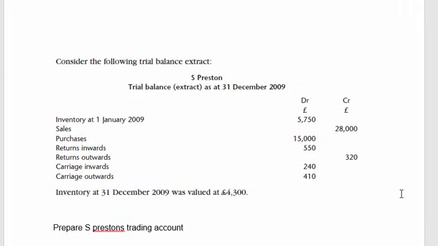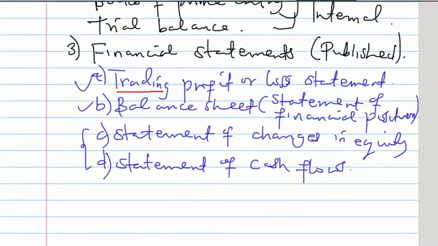I extracted this from Frankwood, and it's a trial balance for a company known as S. Preston, and it's an extract, so it doesn't show all the transactions, but it will show all the transactions that are relevant to what we are talking about right now. The question says prepare S. Preston's trading account. To do that, I want to start a new page and always put the title on top, or the name of the company I mean.